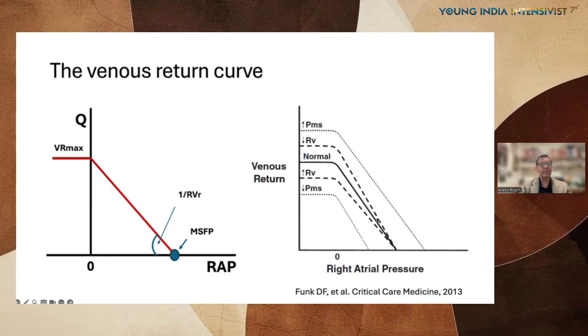What that means is if your venous resistance increases, the slope of this line decreases. If your venous resistance decreases, the slope of this line increases, right? And then if you give volume to your patient, you increase the mean systemic filling pressure, and the whole curve shifts to the right. If your patient's bleeding out, the mean systemic filling pressure decreases and the curve shifts to the left.